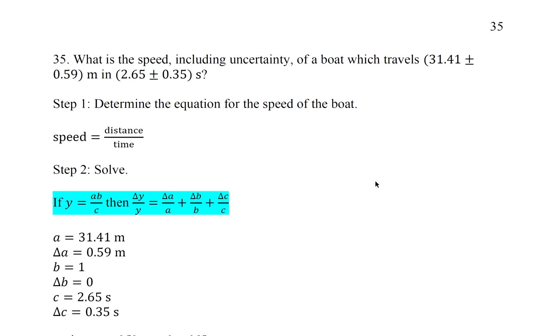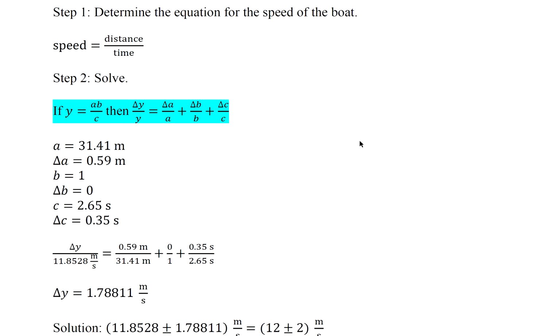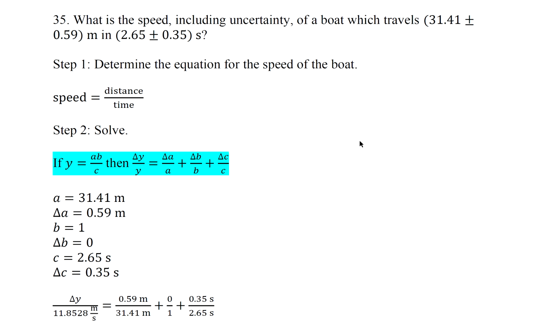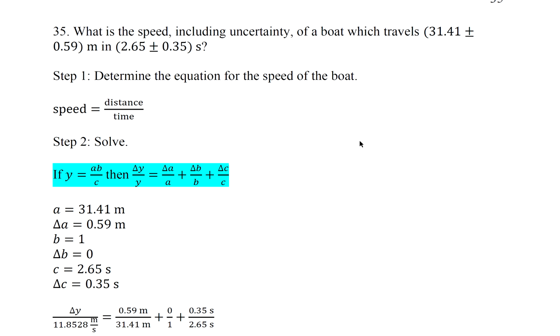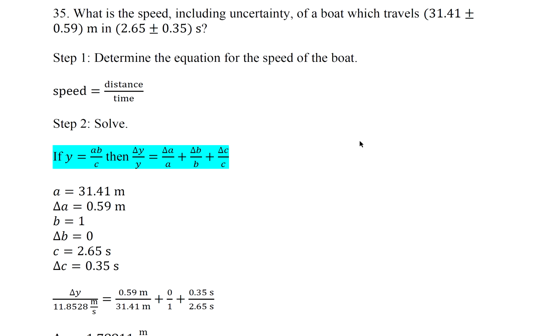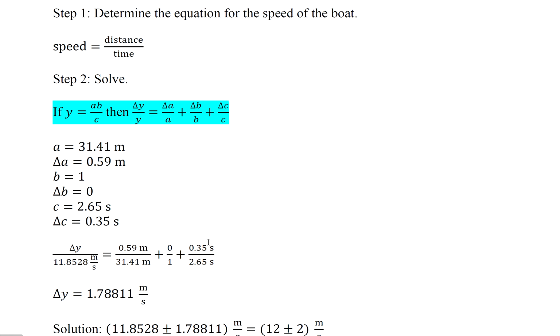So b is 1, delta b is 0. The answer is going to be meters per second. So it's going to be 31.41 divided by 2.65. That's meters per second, and that's 11.8528. So that's y. Then we plug in everything to the equation to get delta y.